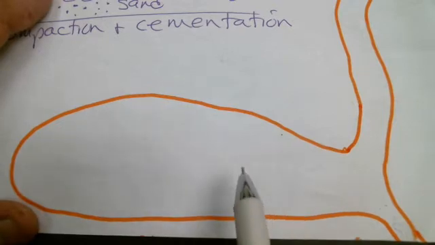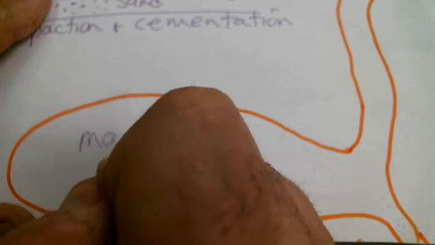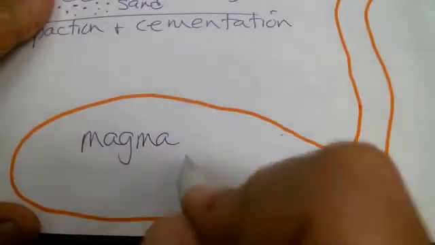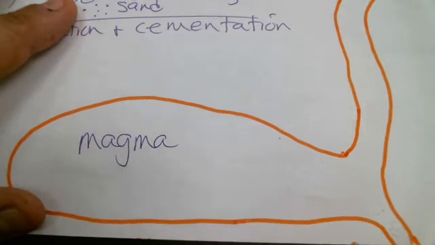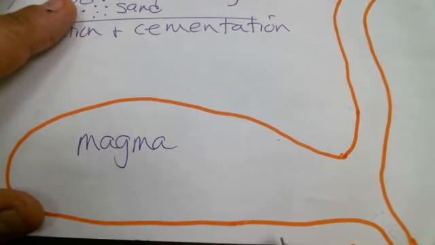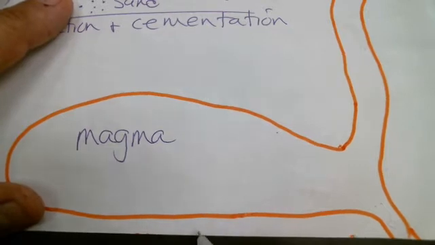Melted rock underneath the surface of the earth is called magma. And when it's under the ground like this, there's lots of insulation above it. And so it takes a long time for it to cool underneath the ground. But when it does cool, it forms a solid rock called an igneous rock.